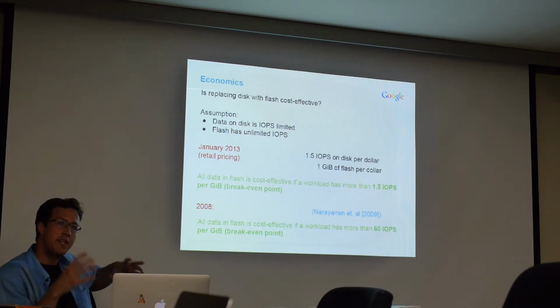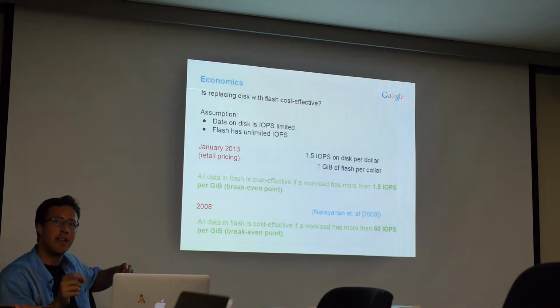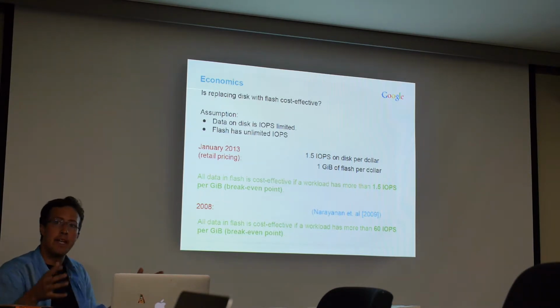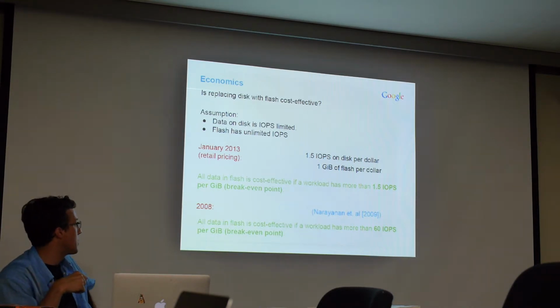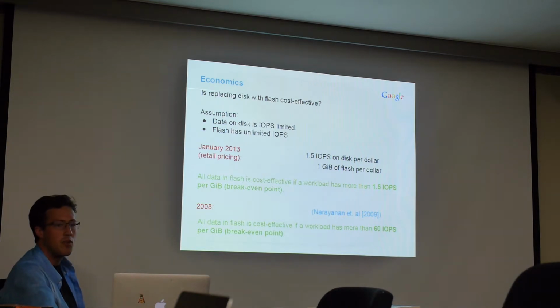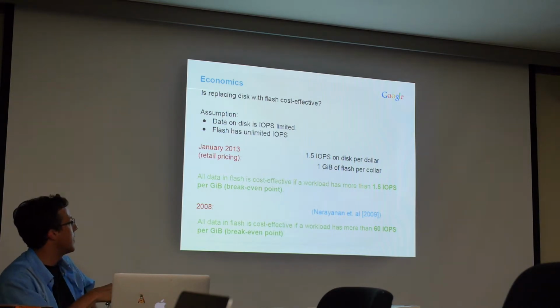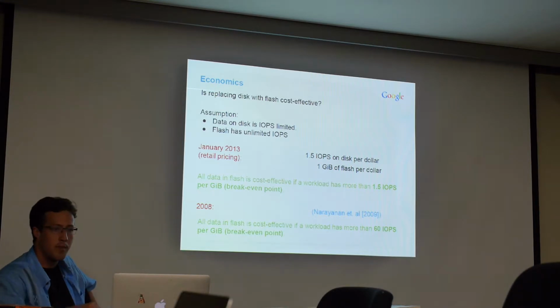So if for every gigabyte of data you store, you have to access randomly within that gigabyte 60 times a second or more, flash is probably cheaper, because otherwise you're going to have to buy many disk drives with enough spindles to do 60 IOPS per gigabyte, and you'll have wasted space. So that was the break-even point in 2008, and that was reported by some Microsoft researchers in this paper.